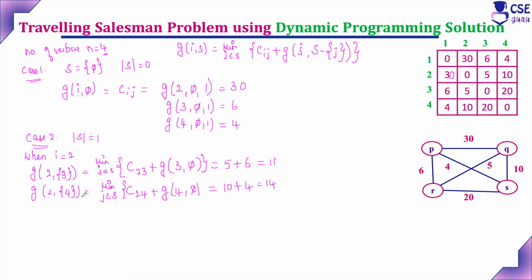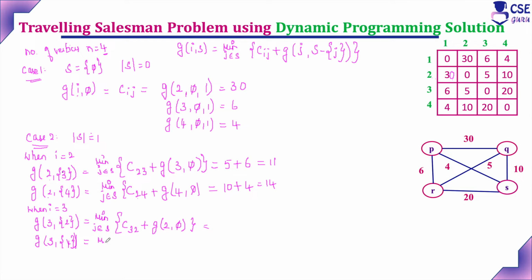Okay. So when I is equal to 2, suppose when I is equal to 3, what is the choice? After visiting 3, he may visit 2. Or after visiting 3, he may visit 4. The same function only we have to implement. The function is minimum of J belongs to S, C32 plus G of 2 comma empty set.